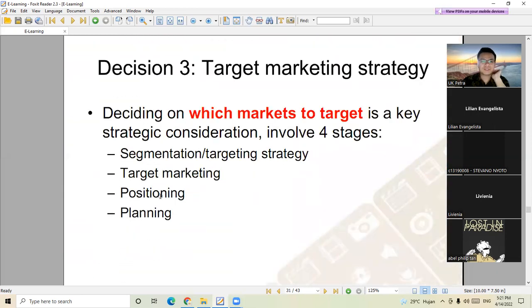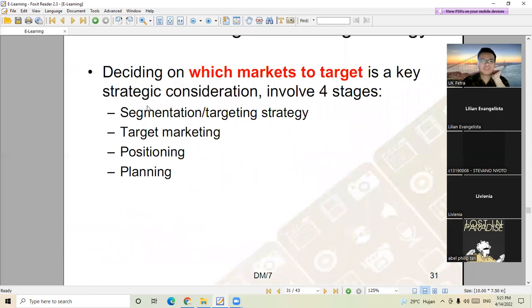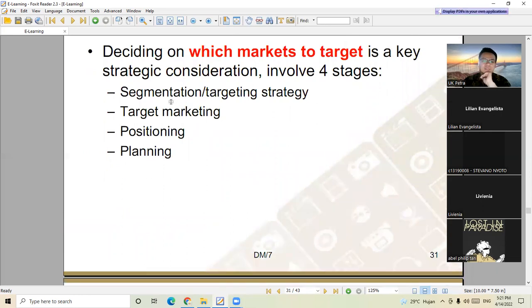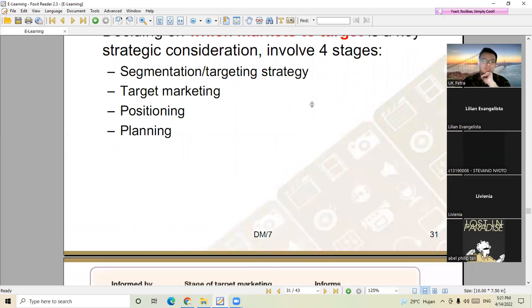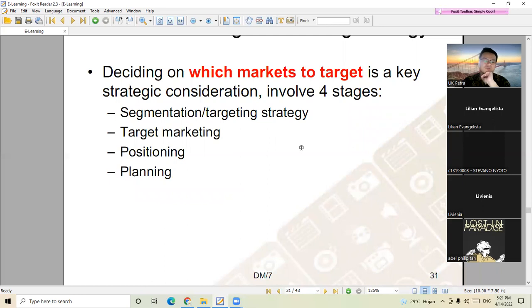Decision three, target marketing strategy. We decide which market to target. It is considered a key strategic consideration, which involves three stages: STP, segmentation, targeting, and positioning strategy. Segmentation means we focus on a particular market segment. Market segmentation can be in terms of income.